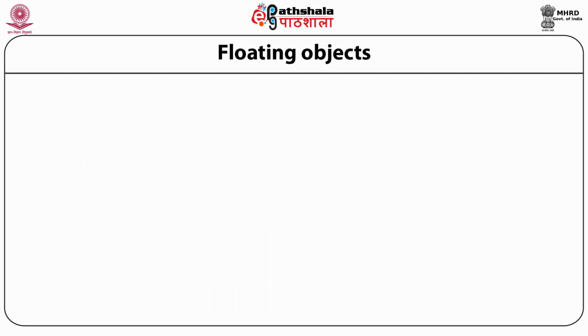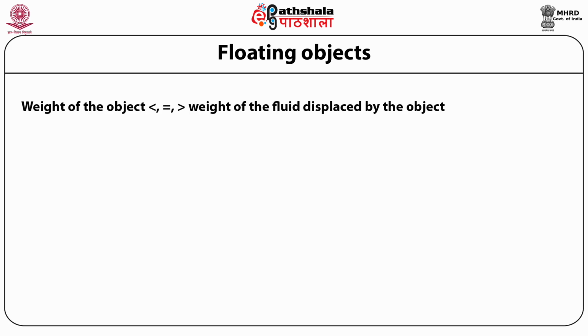So the concept we learn is that whether objects float in a fluid, drop down, or float on the surface of the liquid, it all depends on the difference in density between the object and the liquid.